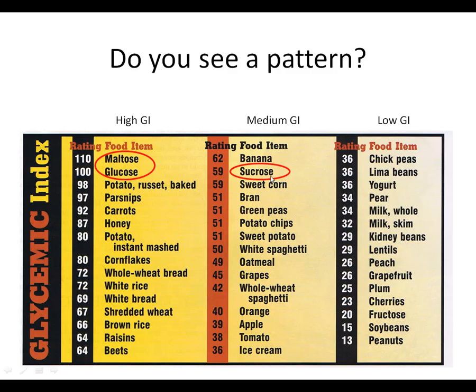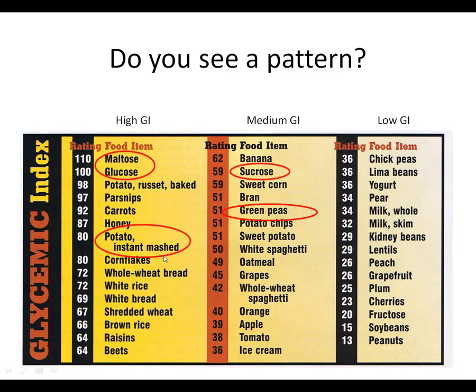Also notice that sucrose, which is a disaccharide, a simple sugar, has a lower glycemic index than glucose. So right here you can see that the generalization that simple sugars are bad just doesn't make sense.